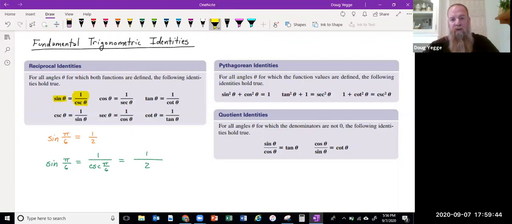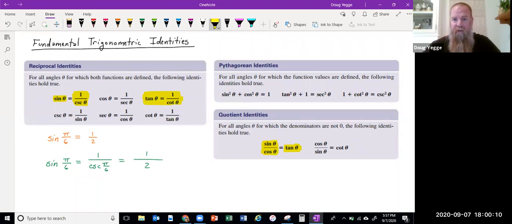There's only 2 quotient identities here, where we could rewrite tangent of theta in terms of sine and cosine by simply recognizing that it's the y coordinate over the x coordinate, or in other words, sine theta over cosine theta. And for a very similar reason, cotangent of theta is the reciprocal of tangent of theta that we saw back in this point.